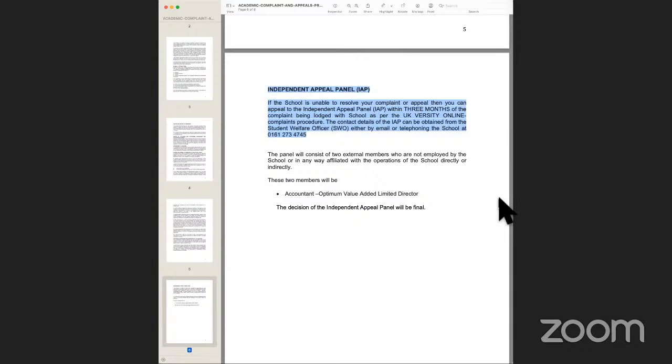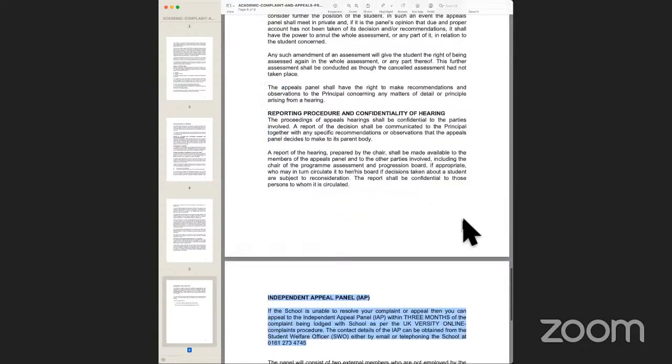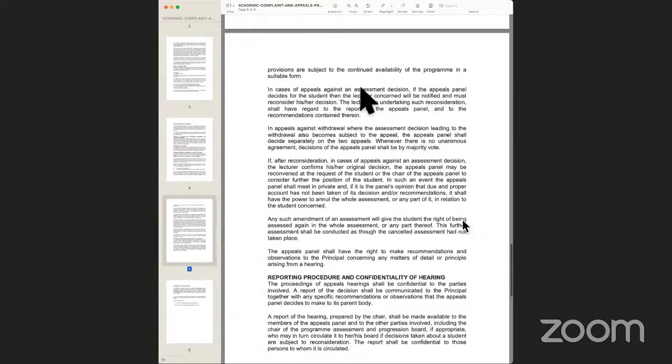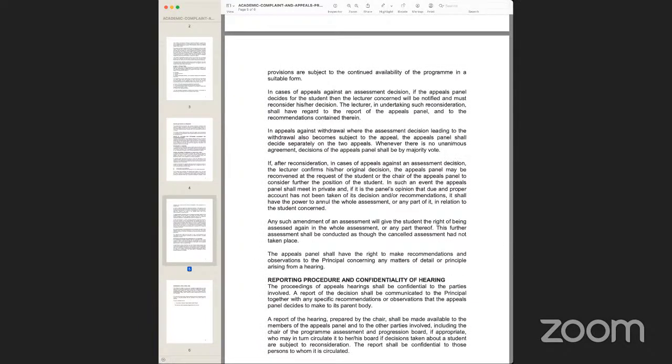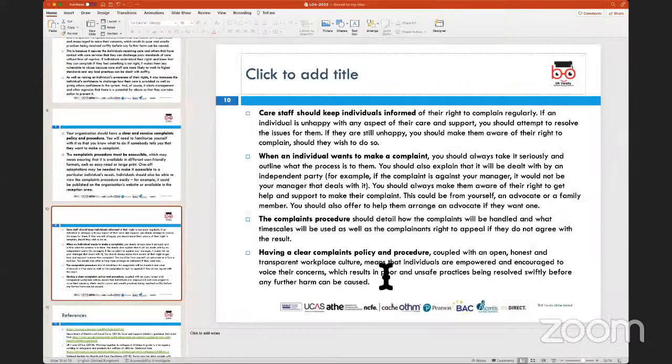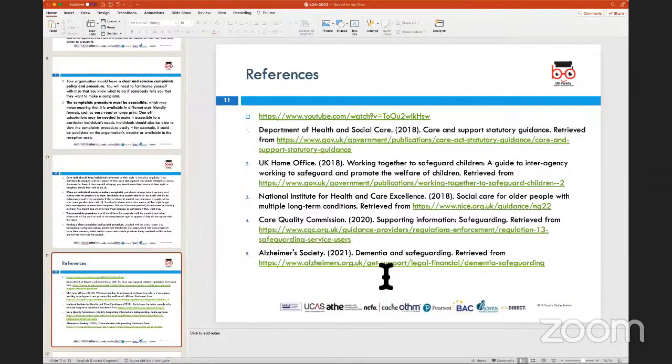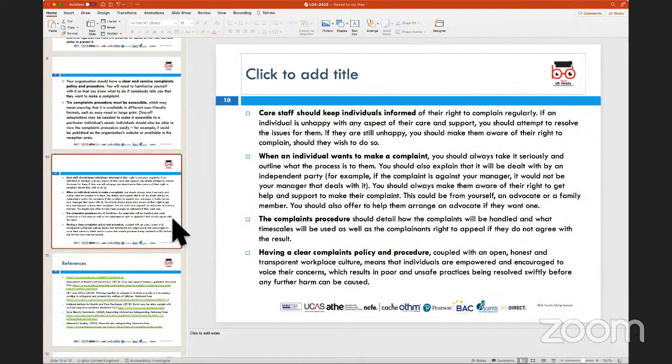If the complaint being raised is not adequately met and dealt with in time, then the patient, or in this case, the elderly person, can go across to the independent adjudicator to say that my complaint or my concern has not been addressed. And I have no faith within the organization because it could be biased or it is not being dealt with properly. In those cases, you could go in and complain to the third party. And in this case, it is specified within the complaints procedure. So is that okay? Any questions on today's discussion?